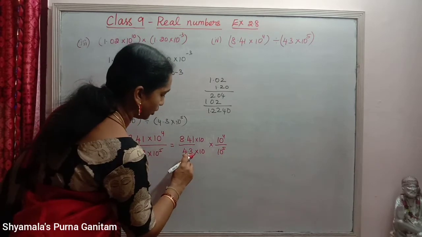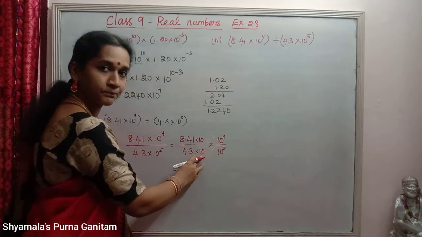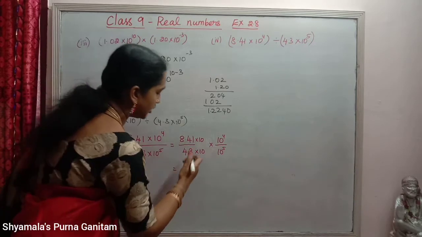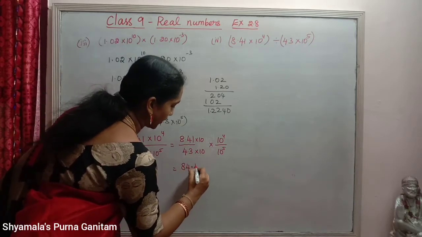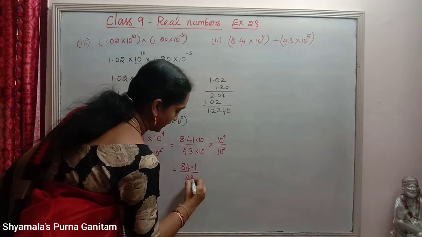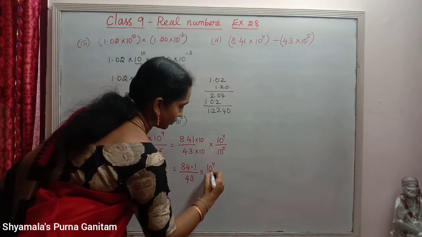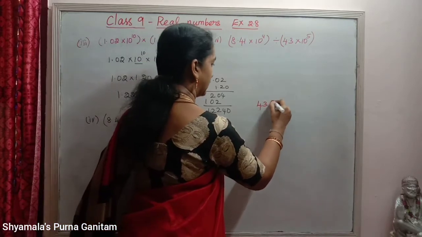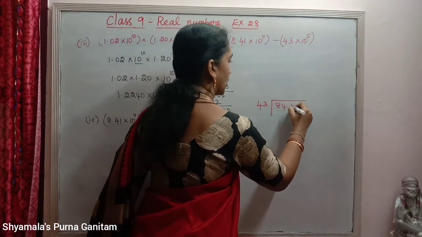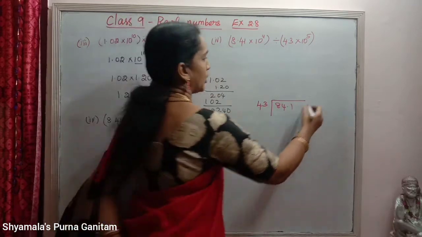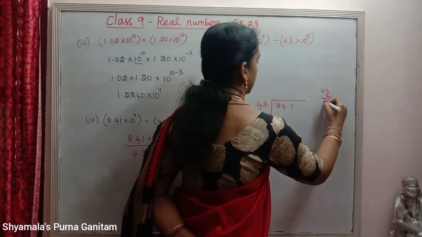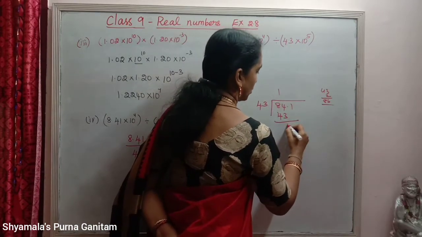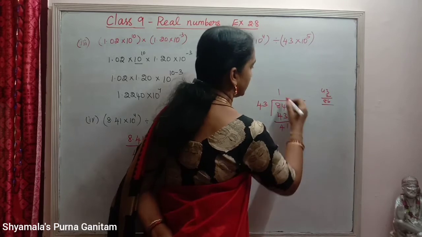When I multiply by 10, the decimal point in the denominator is removed. In the numerator, I get 84.1 divided by 43 into 10 power 4 by 10 power 5. Now I divide 84.1 by 43. 43 into 2 is 86, so only one time 43. 141 is the balance. 1 we bring down.